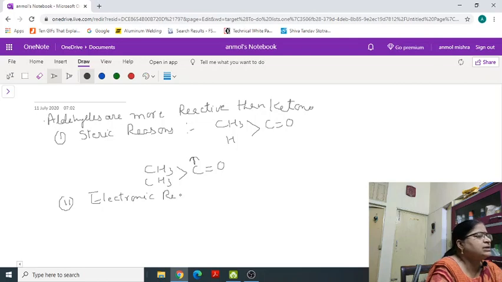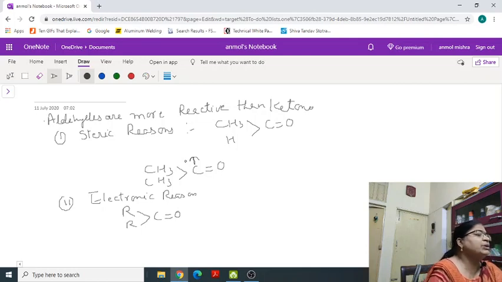Second reason is electronic reason. Aldehydes are more reactive than ketones because the two alkyl groups present on ketone reduce the electrophilicity of the carbonyl group more effectively than in aldehydes.